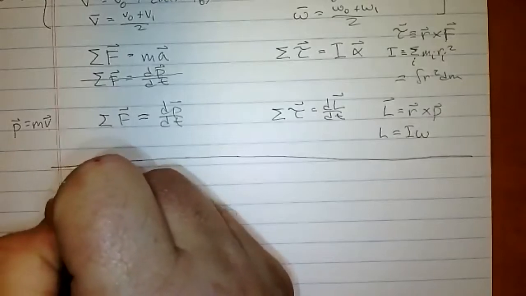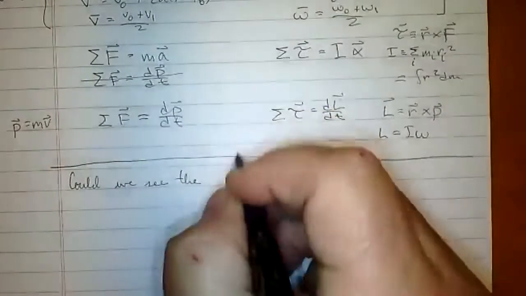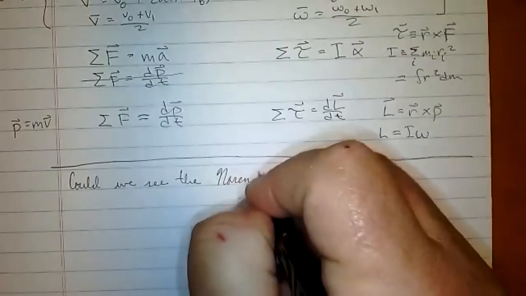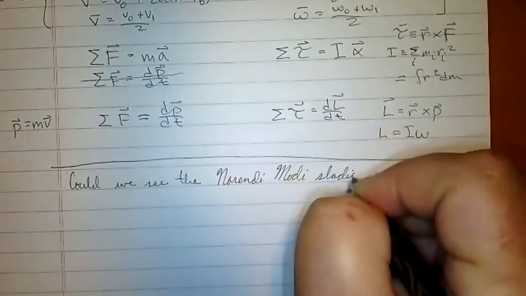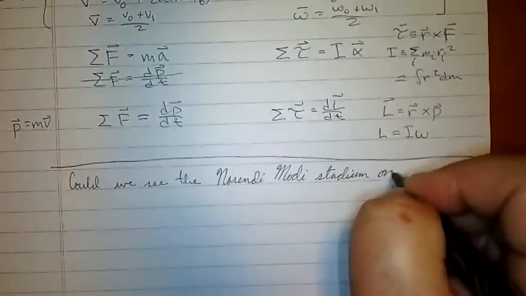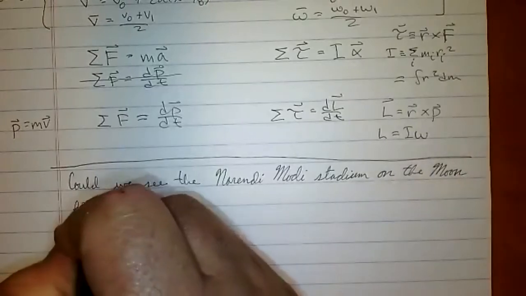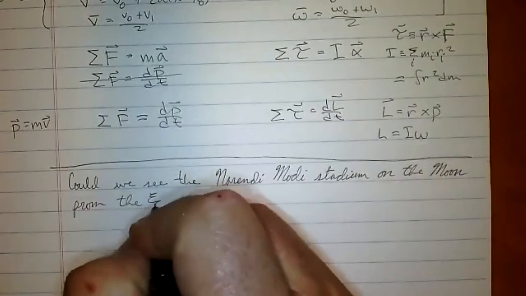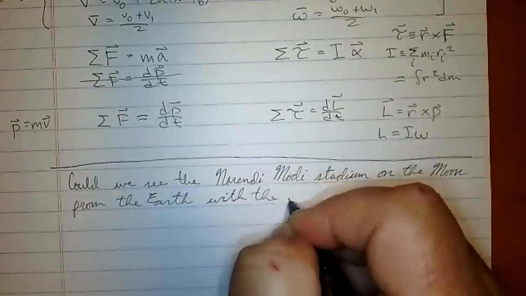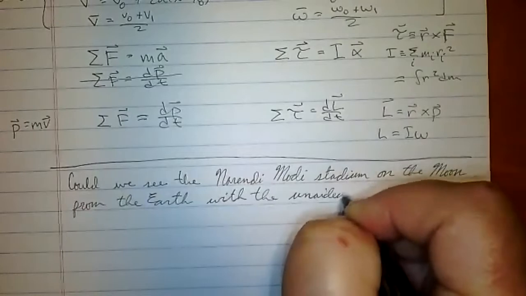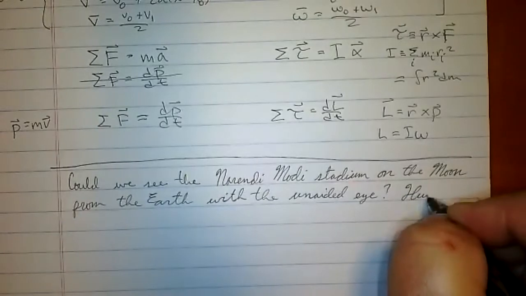So, could we see the Narendra Modi Stadium on the moon from the Earth with the unaided eye? And then I'll say Hubble.